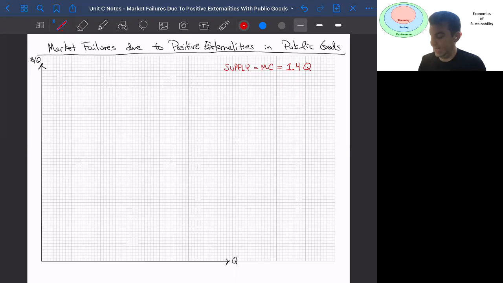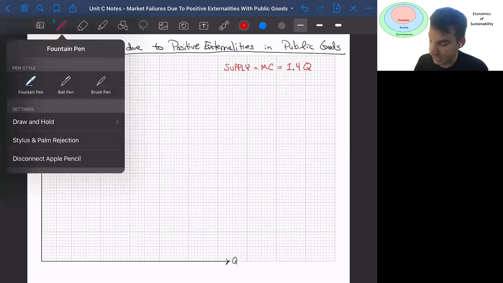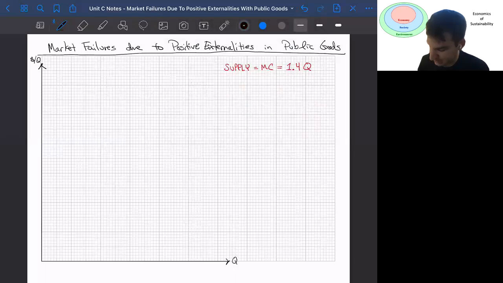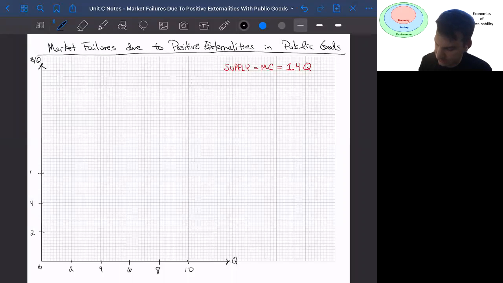So I'll annotate this axis so I can plot that out. We see 0, 2, 4, 6, 8, 10, and up here we've got 2, 4, 6, 8, 10, 12, and 13.